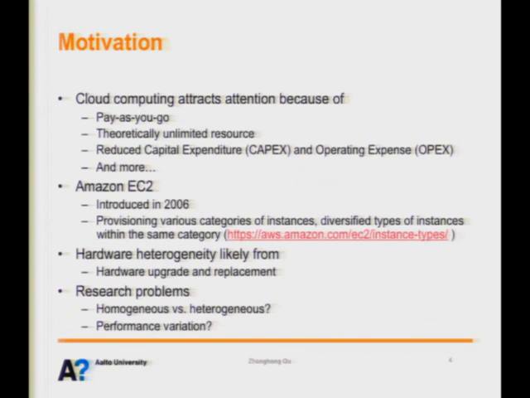Cloud computing has attracted much attention from industry, academia, and the media because it is very easy to use, theoretically has no limit, and can reduce CAPEX and OPEX, and there is more as well. Then there is a very widely known public cloud provider, Amazon EC2.